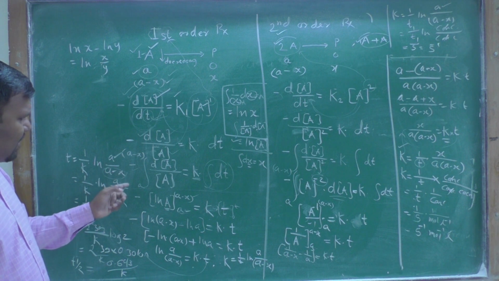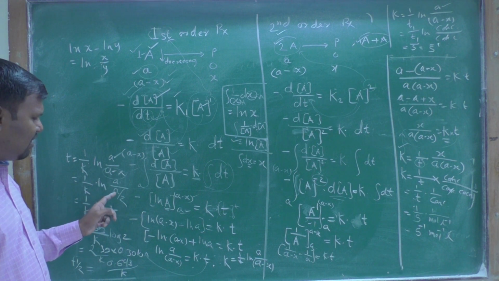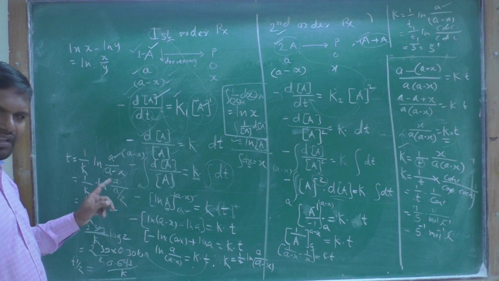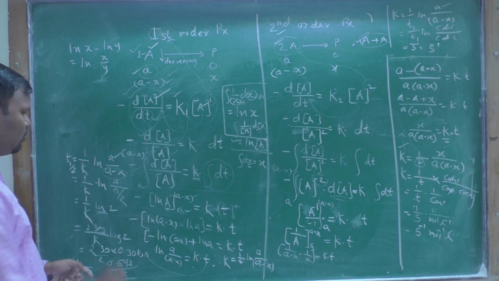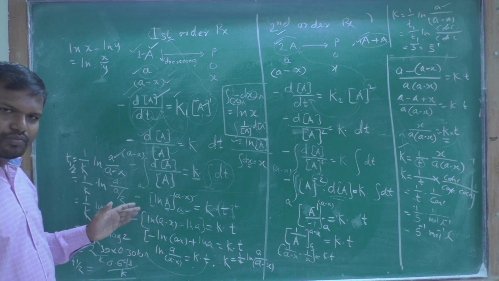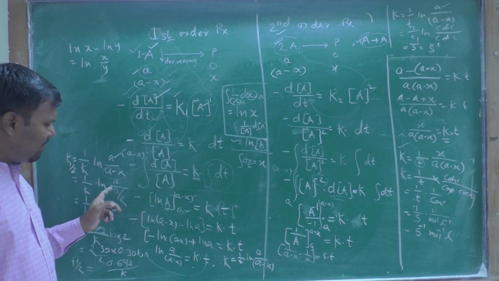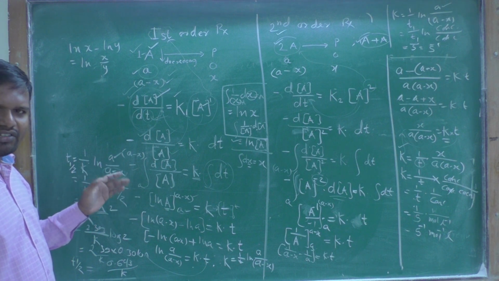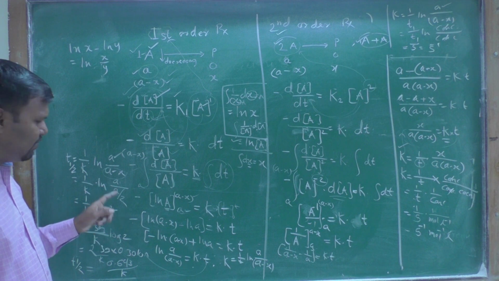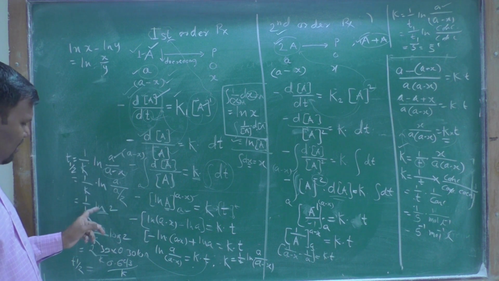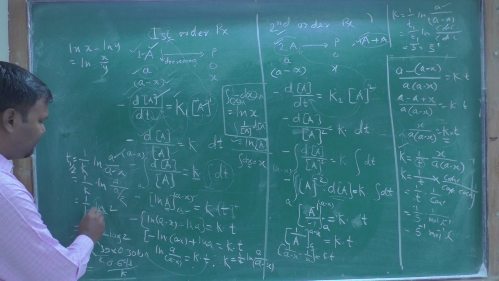Therefore a minus x we replace by a by 2, because at the time t1 half your concentration should be a by 2. Remember this.